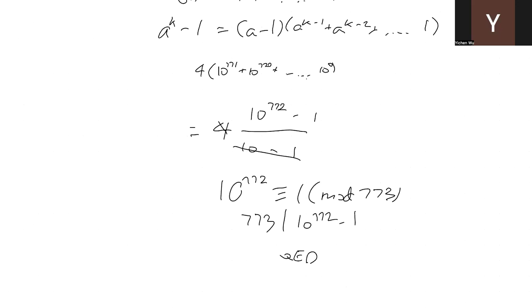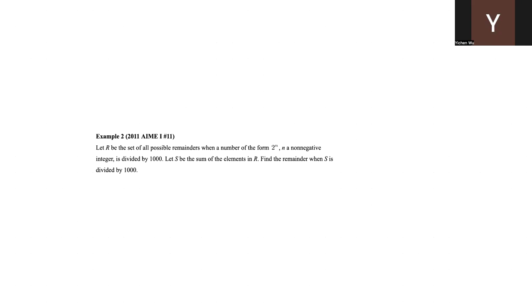Any questions for this? I assume not. So then we'll do the second example, which is I think much harder. Okay, there's actually a question here. Someone asked me how do I get the 10 here?